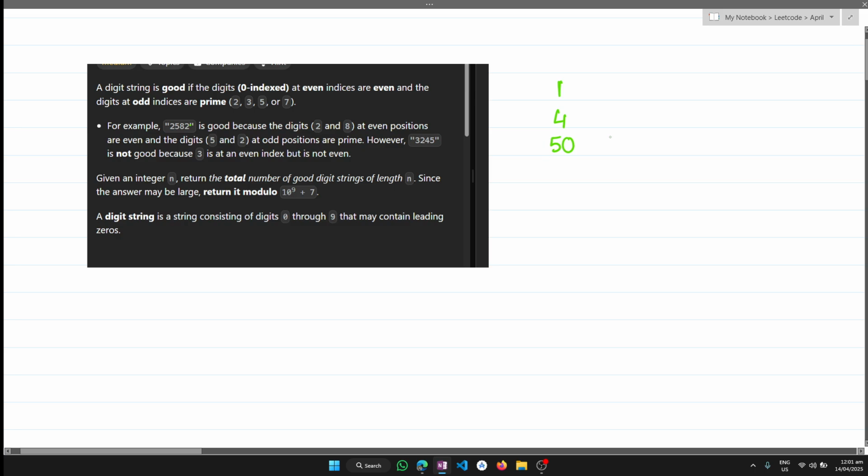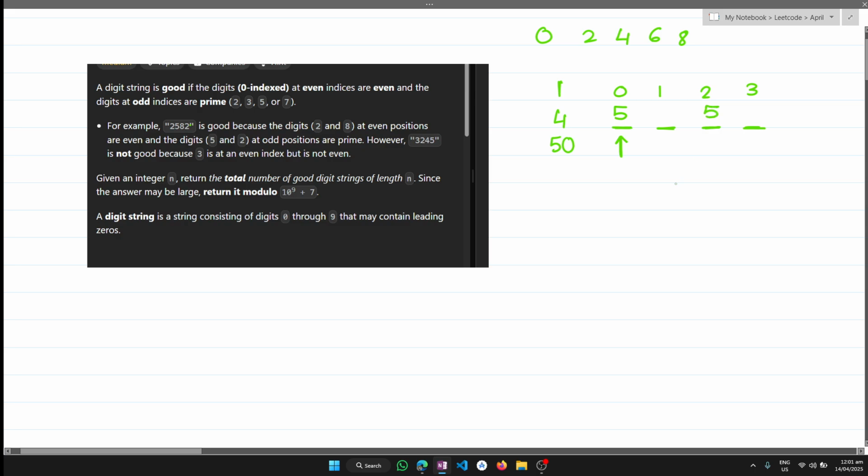If I have a 4-digit number and I want to make a good number, at the 0 index, 1 index, 2 index, 3 index, at the 0 index how many choices do I have? I can choose any one of 0, 2, 4, 6, 8. So I have 5 choices over here.